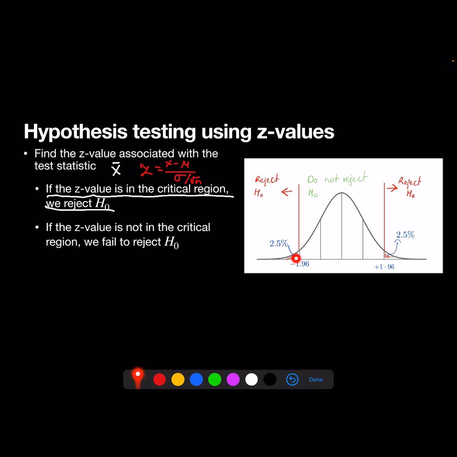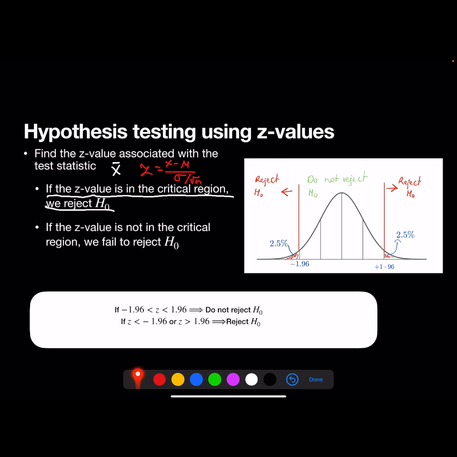It means that the test score has to be either less than minus 1.96 or more than plus 1.96. In case the z value is not in the critical region, we fail to reject the null hypothesis, and that's the statement we make. In other words, that means that the z value is going to be between minus 1.96 and plus 1.96.